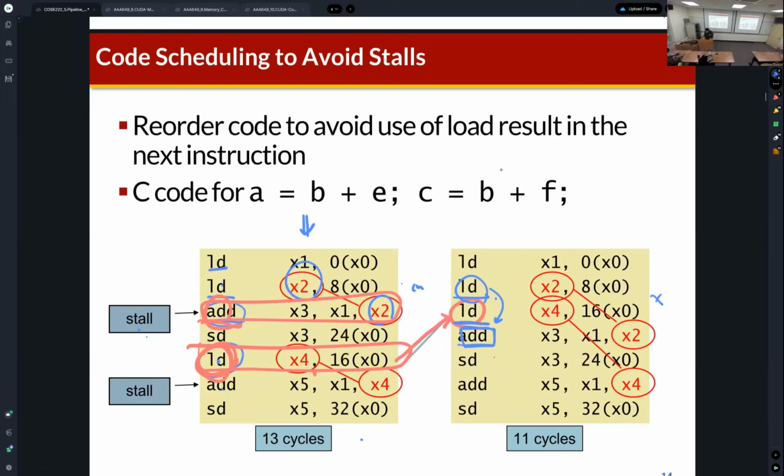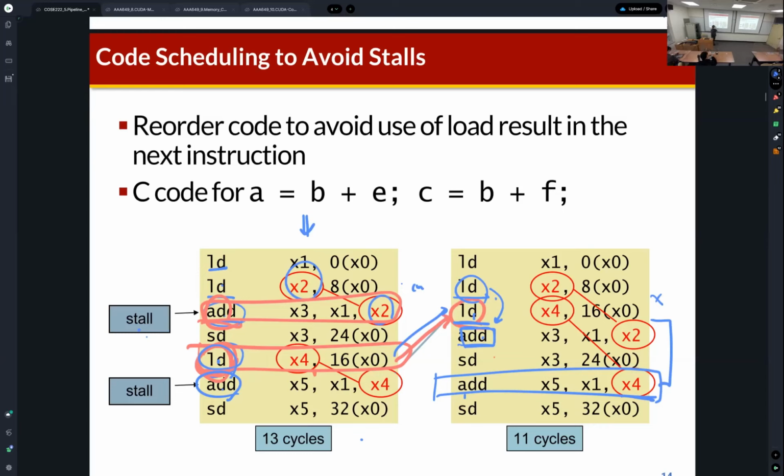So another data hazard is also resolved, because we can observe the data hazard between this load and add instruction, but this load is moved up above this add instruction. So we can find that the distance between this load and this add is 2 cycles. So no data hazard.